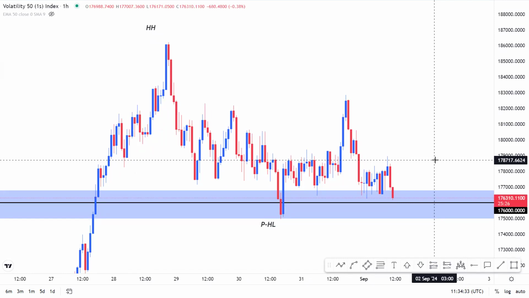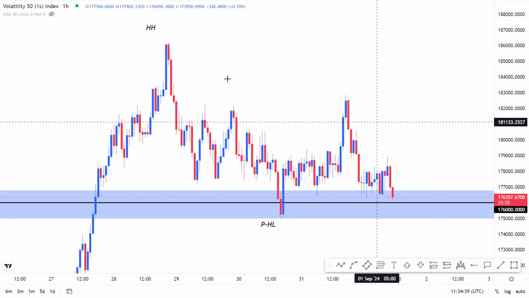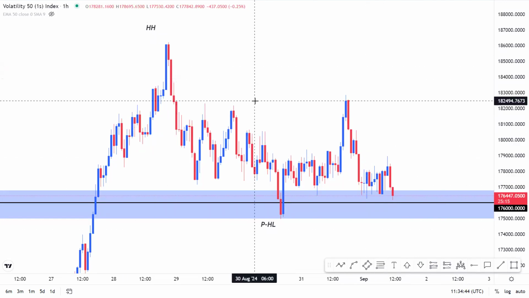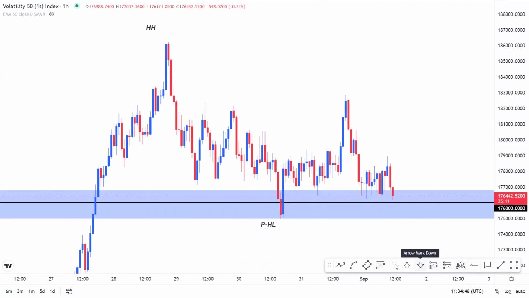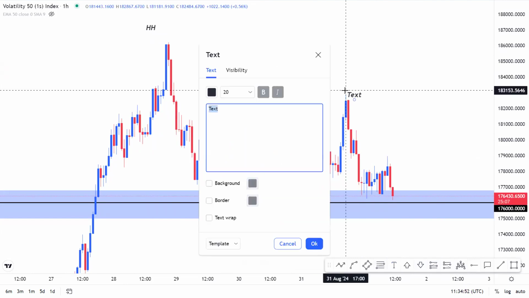I know this can get very complicated, especially when price gives us a complicated accumulation phase like the one in front of our screens. But what makes this much easier is, we had this as a higher high.